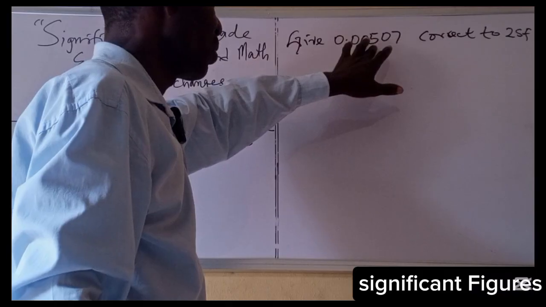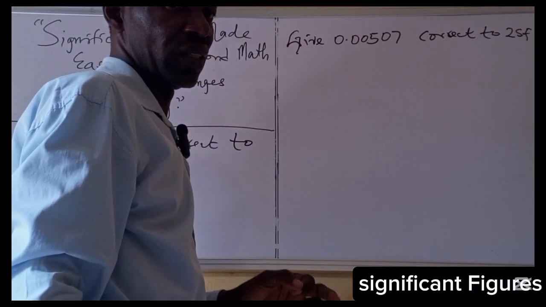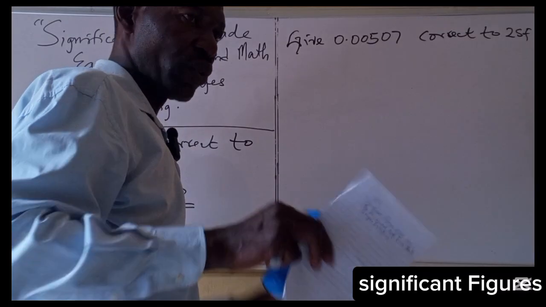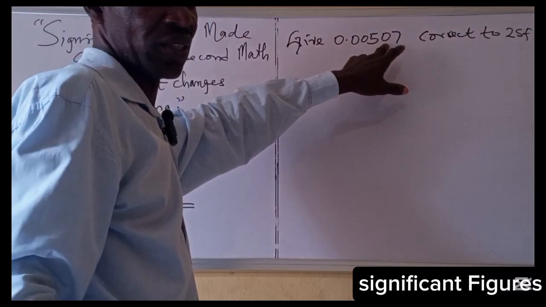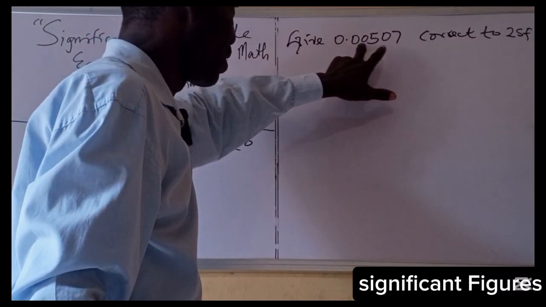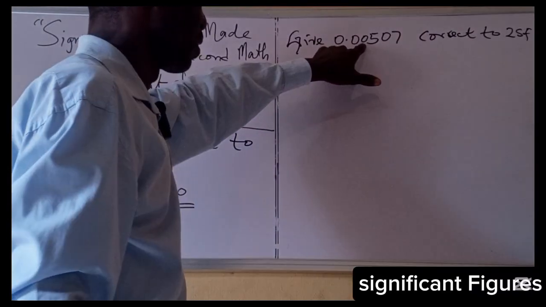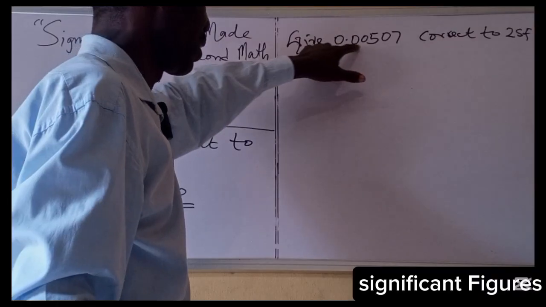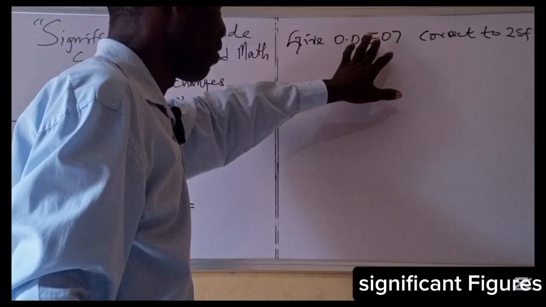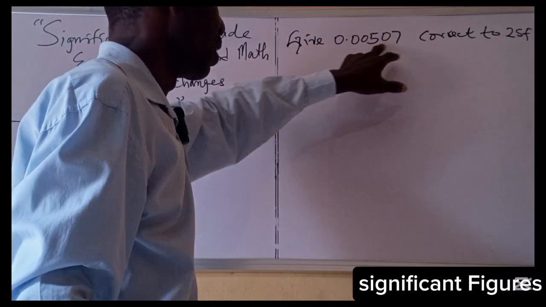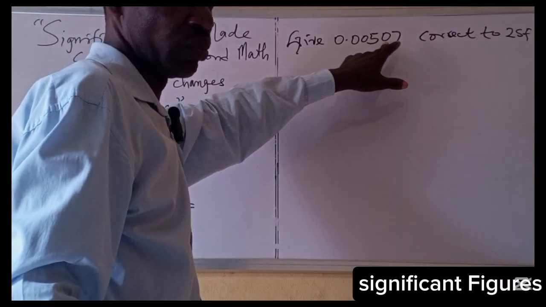Zero, I told you, zeros in between numbers are counted as significant. But all the zeros before this figure are not counted as significant. The only zero that is counted as significant here is the one that falls in between this 5 and 7. Are you following?